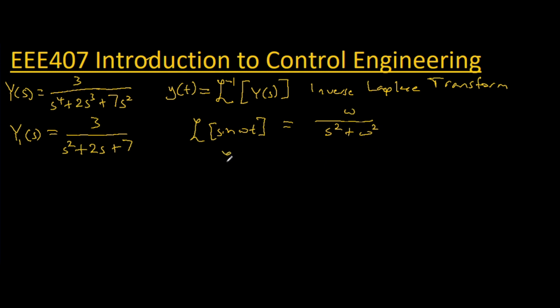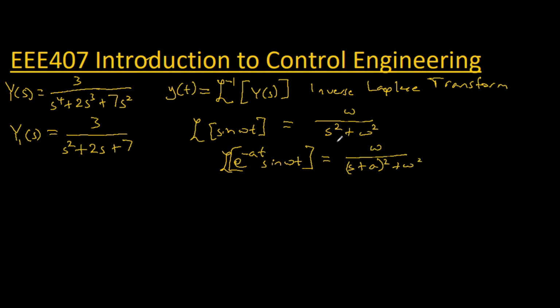Now, using the time shift theorem, you have e to the power of minus at times sine omega t. If you remember, this is a particular example that we did earlier, and the Laplace transform of this was omega over (s plus a) squared plus omega squared, because what we have is F of s plus a.